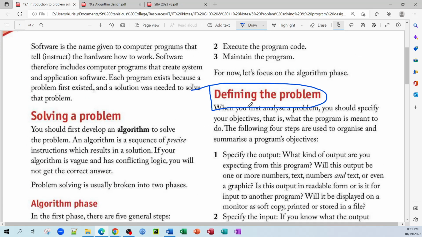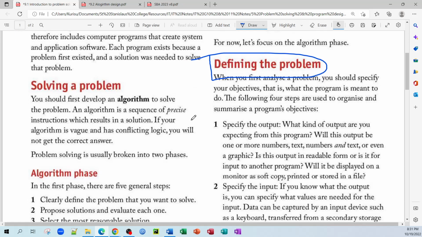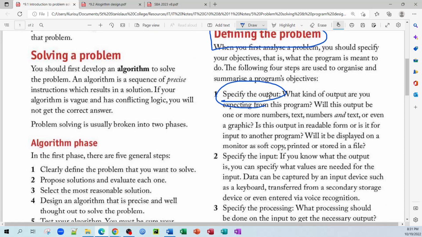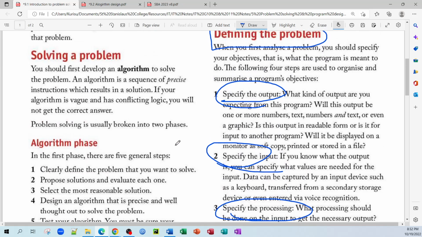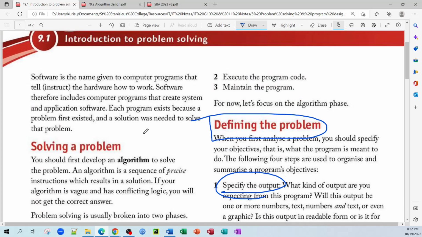I would have also taught you how to create a problem definition by specifying what's the input, what's the output, what's the processing, what's the storage, what were the other questions? What is the issue?